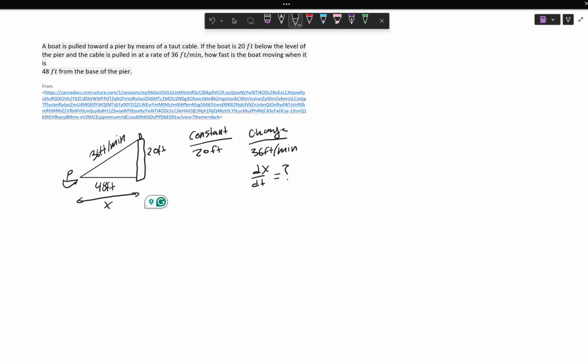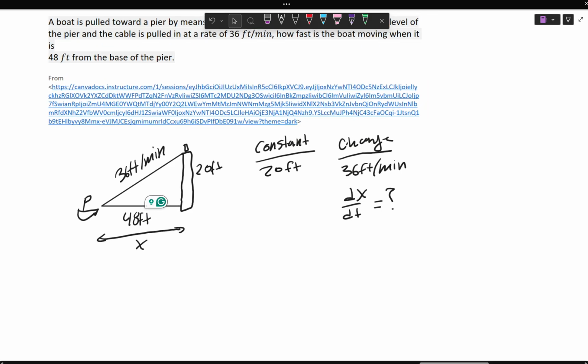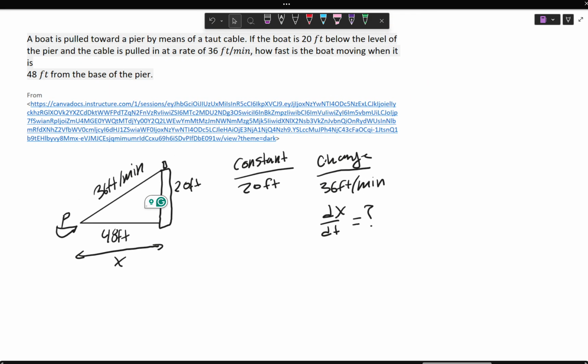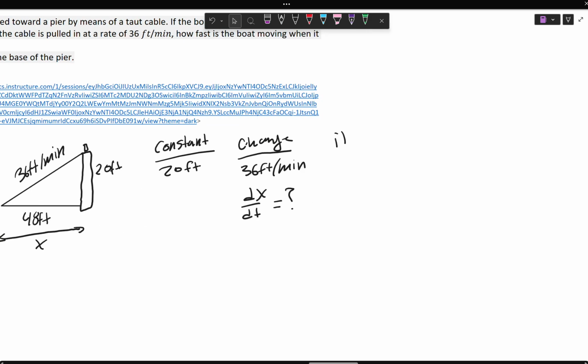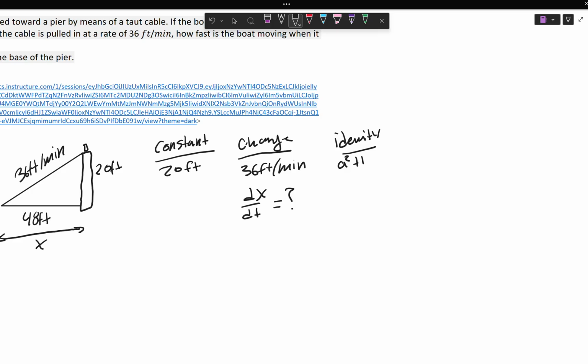From here, I see that this is a triangle. With triangles, you can find the area, but this question isn't asking for the area, it's asking how fast something is moving. So with this identity, we have to use the Pythagorean theorem, which is a squared plus b squared is equal to y squared, or c squared, but I'll choose y this time.